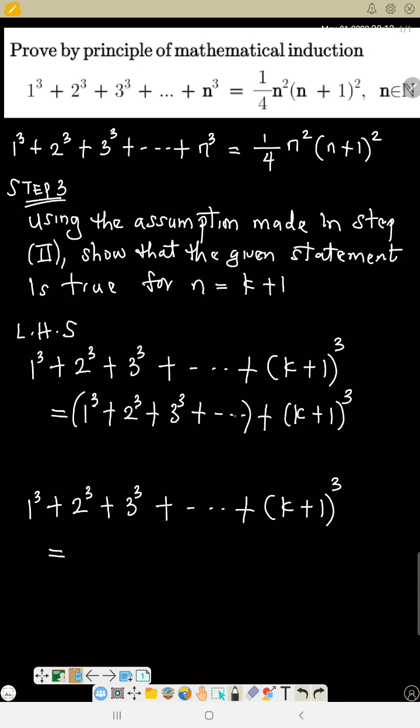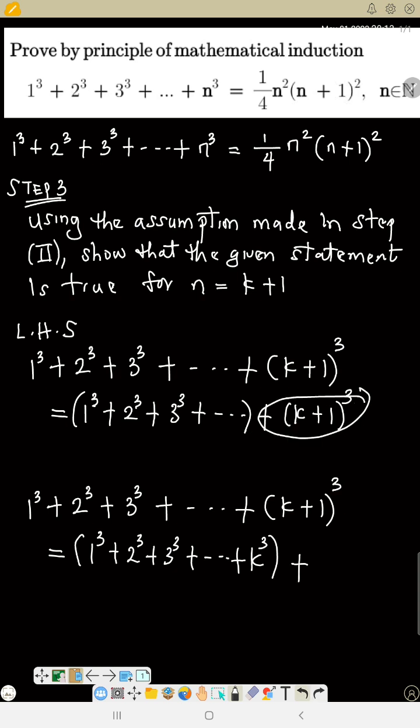If you look at your question, it is plus up to plus n cube, so you complete this to plus k cube. So what I have in that bracket will be 1 cube plus 2 cube plus 3 cube plus k cube, then plus k plus 1 raised to power 3.